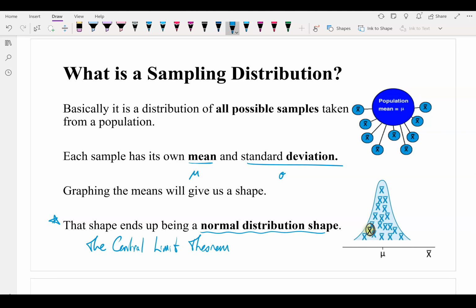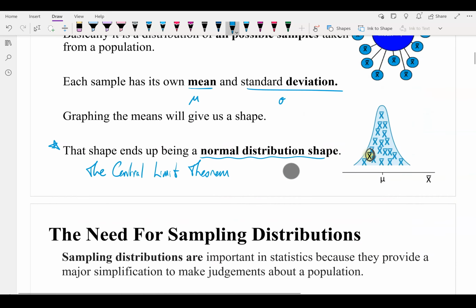In simple terms, if we take enough samples of a population and graph the distributions on a curve, it will end up looking like a normal distribution, which is very powerful. There are a whole lot of videos and higher level math on that, but that's all I really need to know. We can turn any set of data into a normal distribution shape.